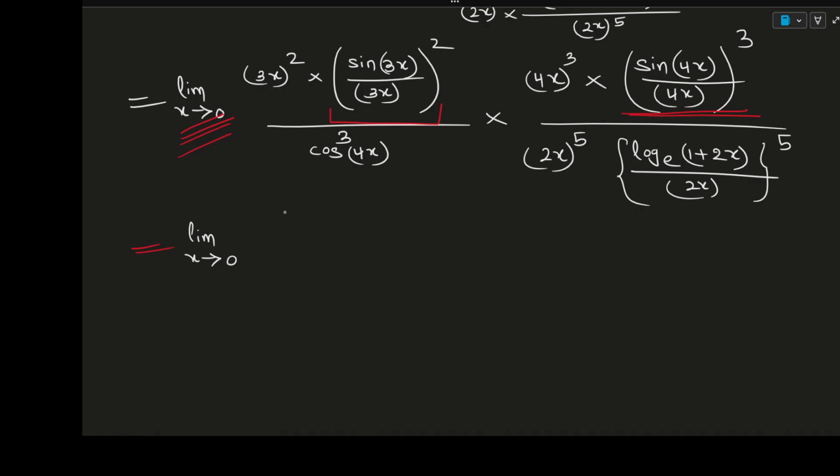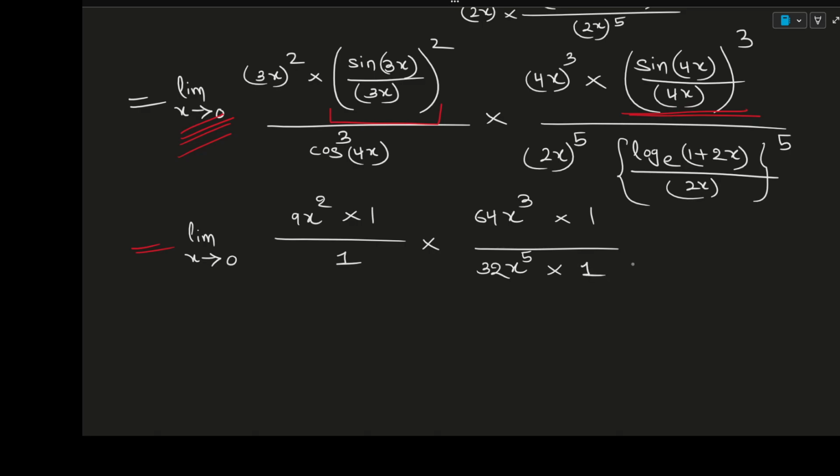So the rest of the thing will be 9x square into 1 divided by 1 into 64x cube into 1 divided by 32x to the fifth into 1.